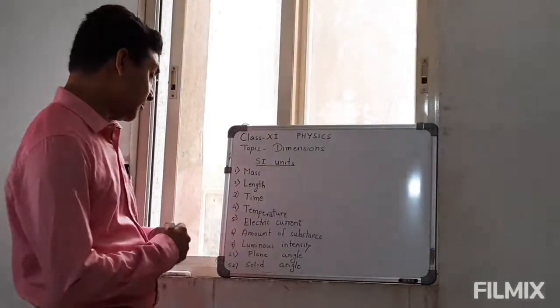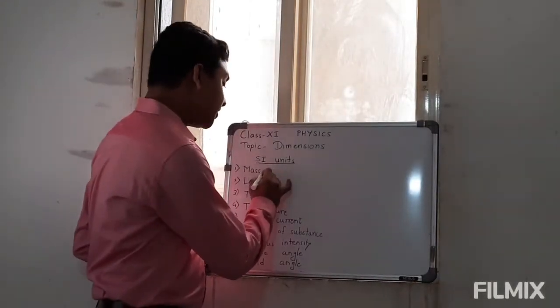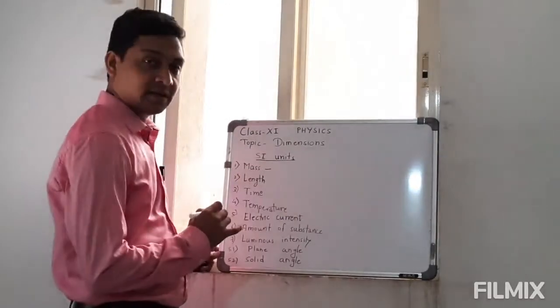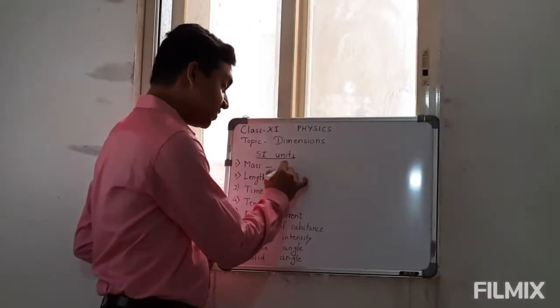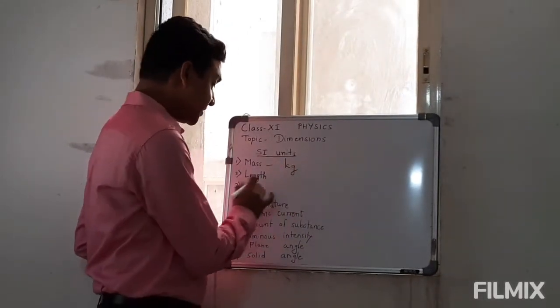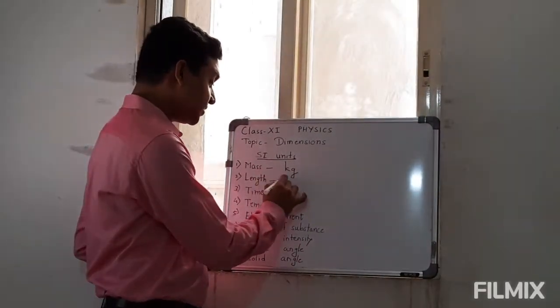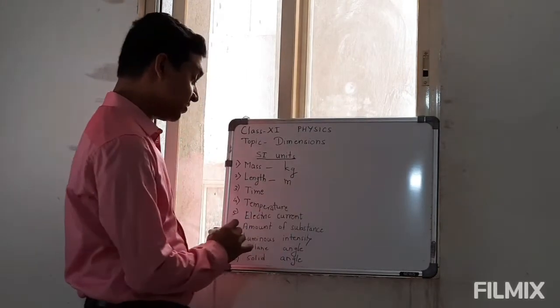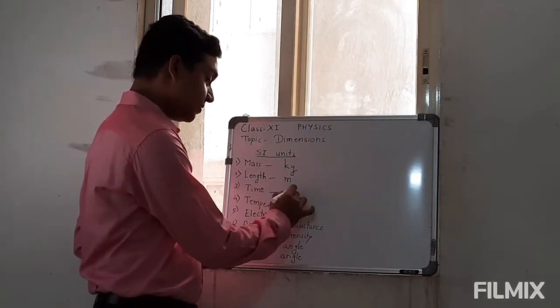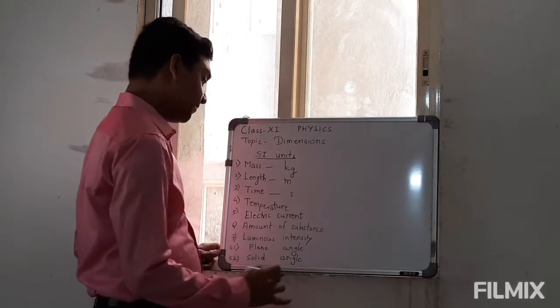Now you can tell me, what is the unit of mass? Yes, it is kilogram. So kilogram is your SI unit number 1. Second is length. To measure length, which unit can we use? It is meter. For time, it is second.